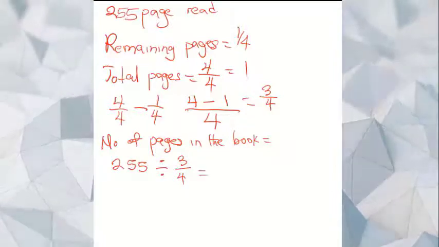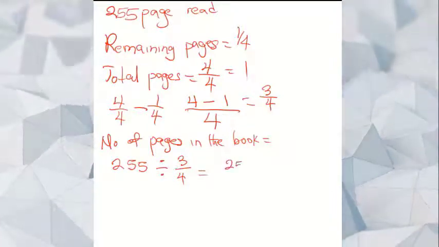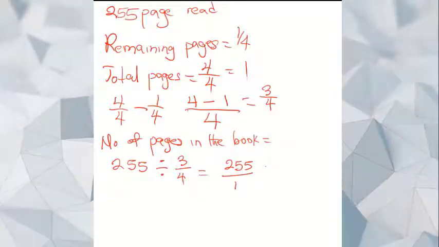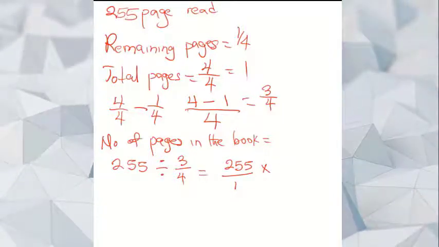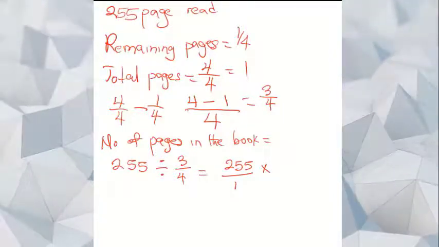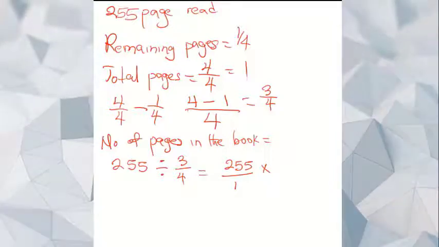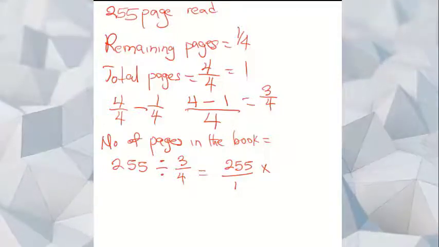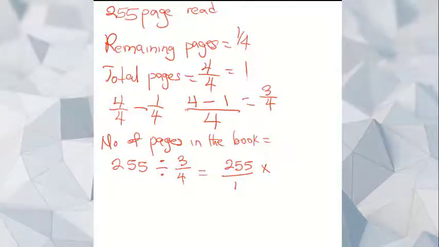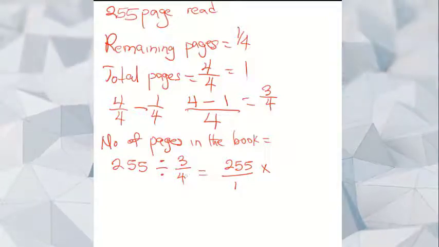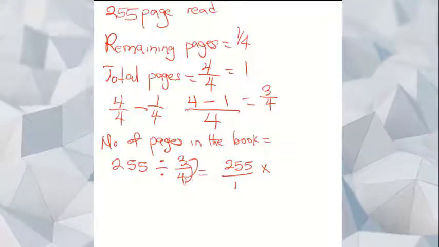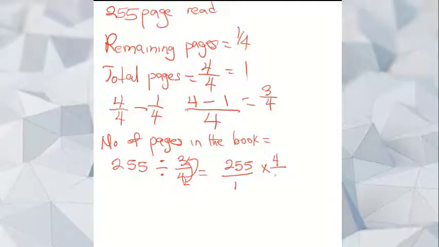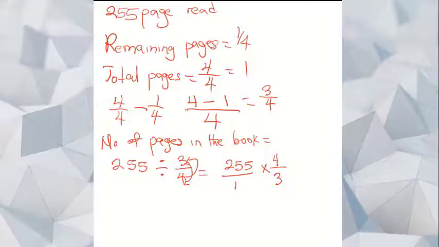So we have 255 all over 1 times, remember when you are dividing a fraction, the sign changes to multiplication, and then you take the inverse. The denominator goes up and the numerator comes down. So we interchange: 4 goes up and 3 comes down. So it is going to be 4 over 3, to get the total number of pages in the book.